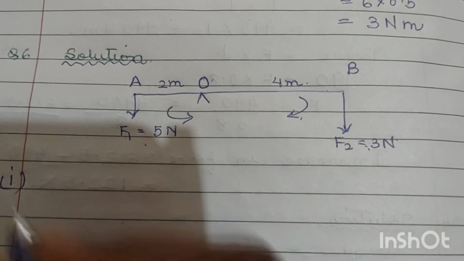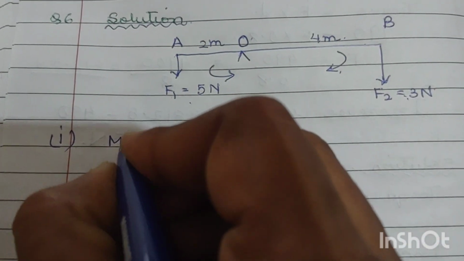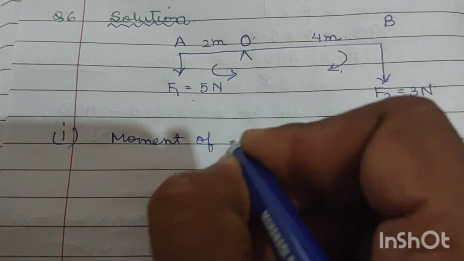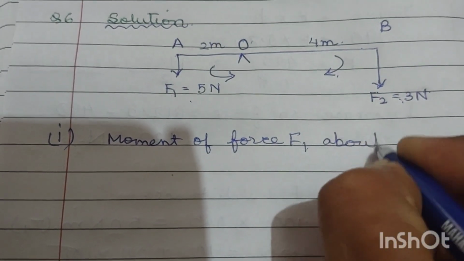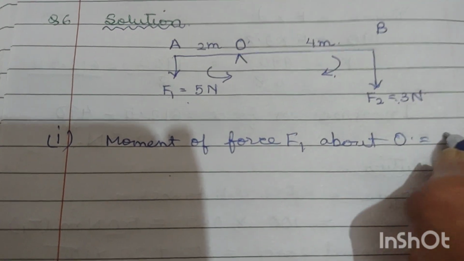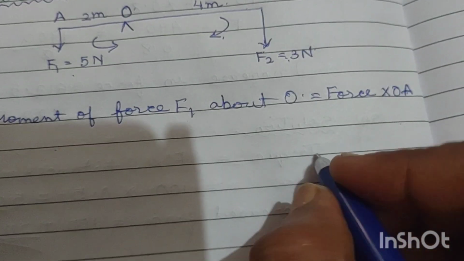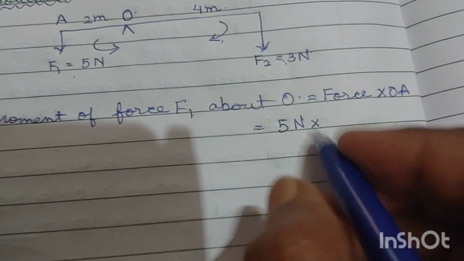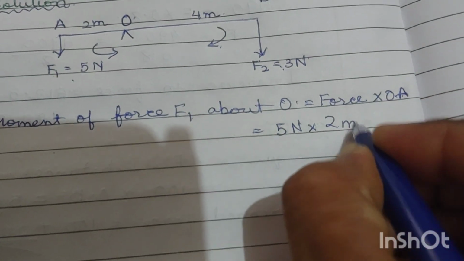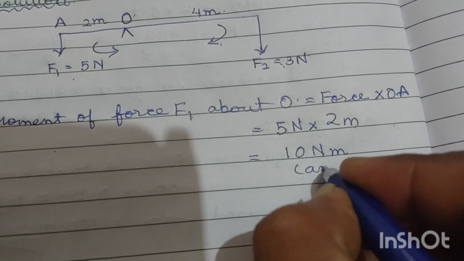So bit 1 is moment of force F1 about O. Moment of force F1 about O is force into the distance, that is OA. So force is 5 Newton and distance OA is 2 meter. So it is 10 Newton meter anti-clockwise.